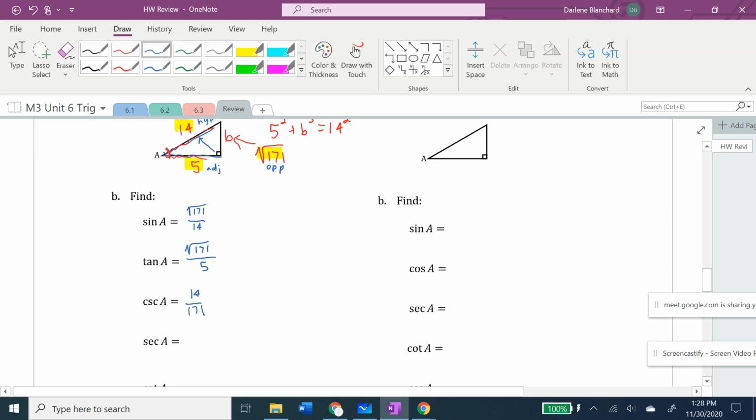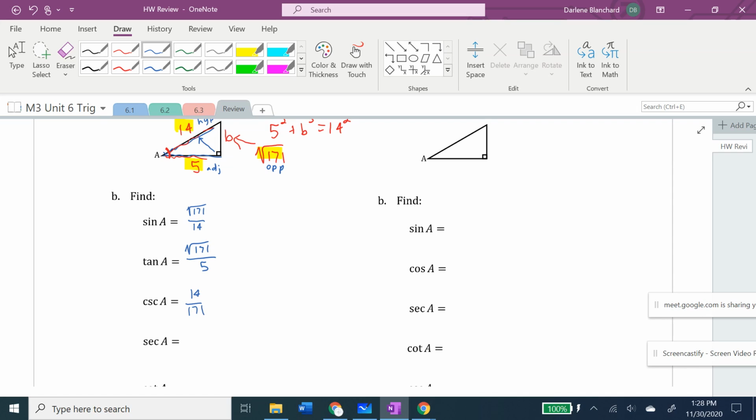Also, yes, you can write root 171 as 3 root 19. I'm fine if you have the simplified square root form or just the square root. If that is simplifying that way, let me check. Yep, you are correct.